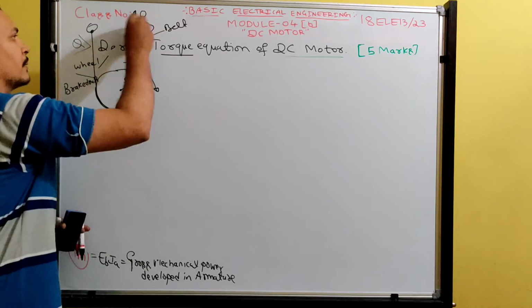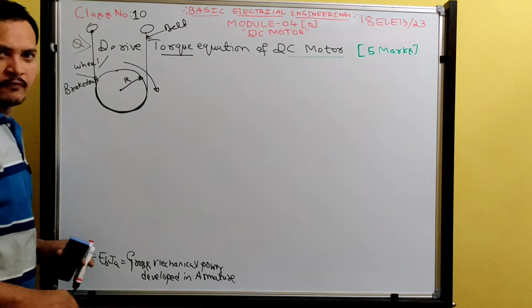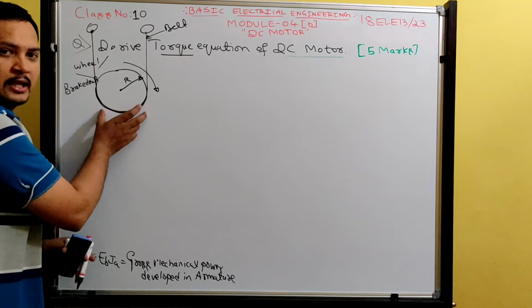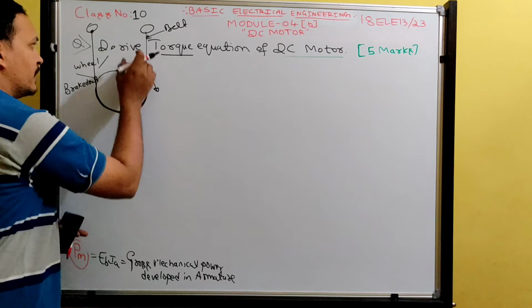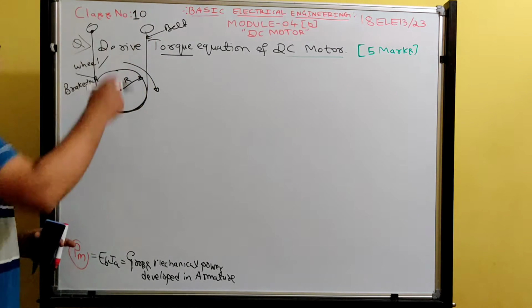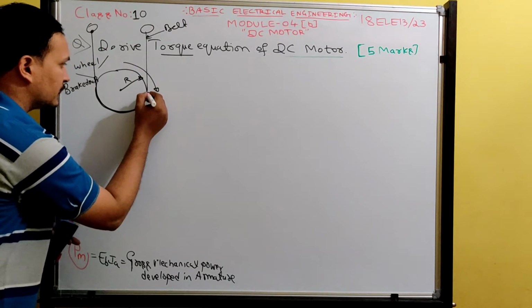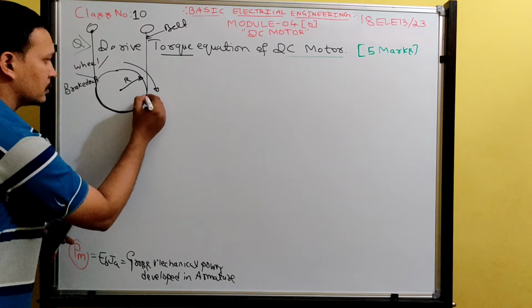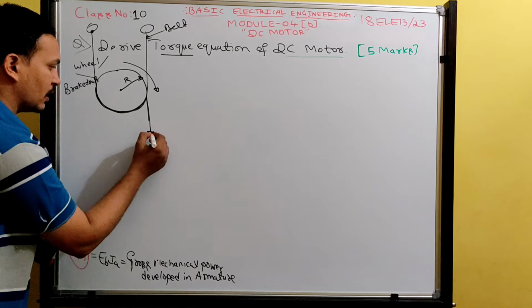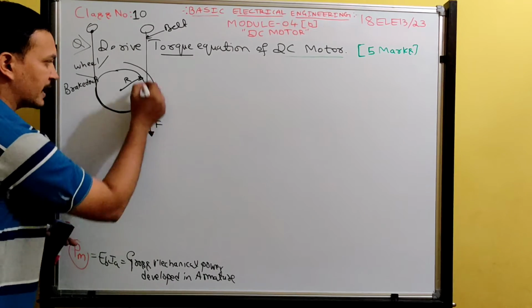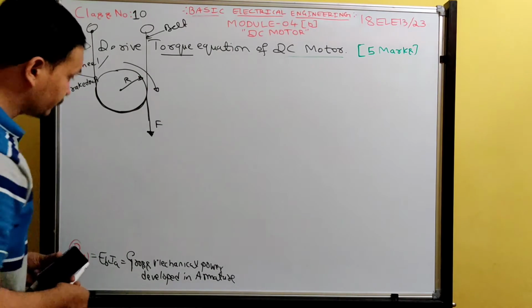We can apply external friction around the brake drum. Whenever you apply external friction, due to that friction, the force is acting vectorially downwards.